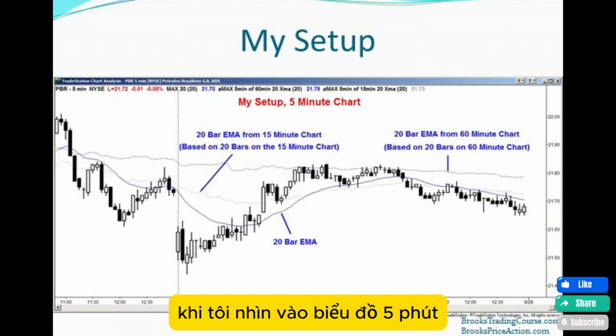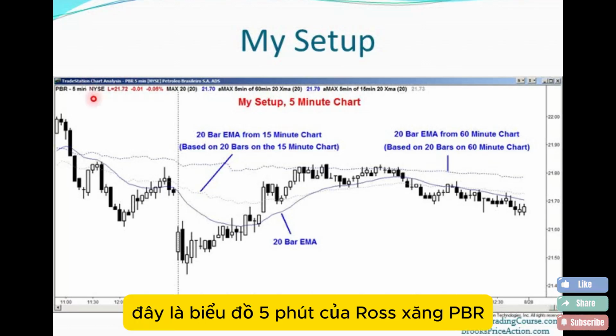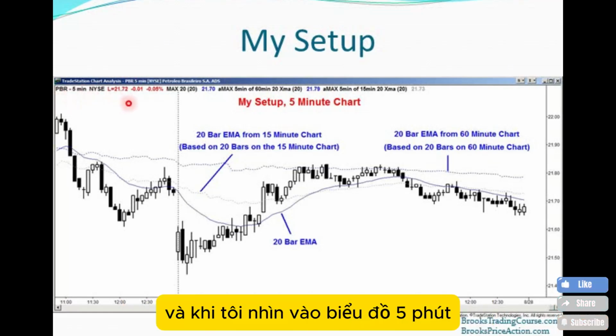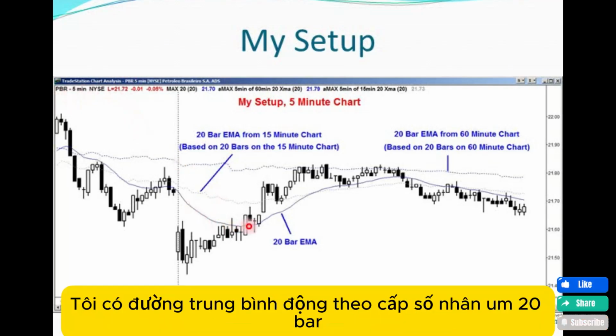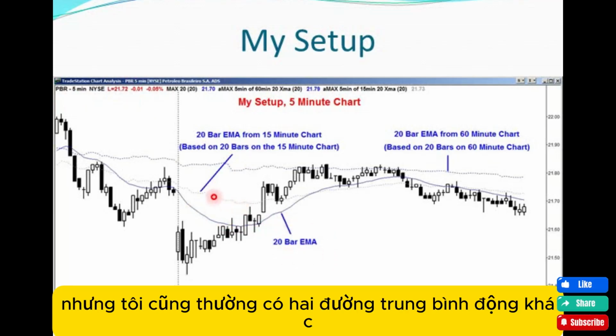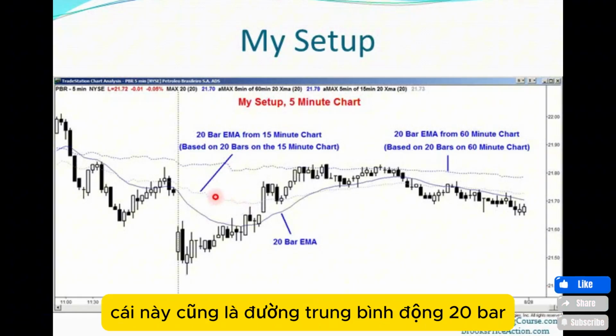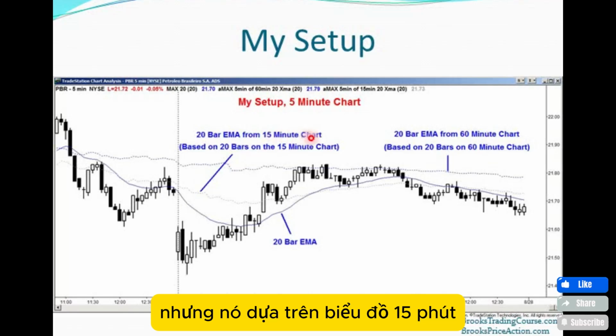When I look at the 5-minute chart, here's a 5-minute chart of PBR, Petrobras, I have my 20-bar exponential moving average, but I usually have 2 other moving averages as well. This one is also a 20-bar moving average, but it's based upon the 15-minute chart.